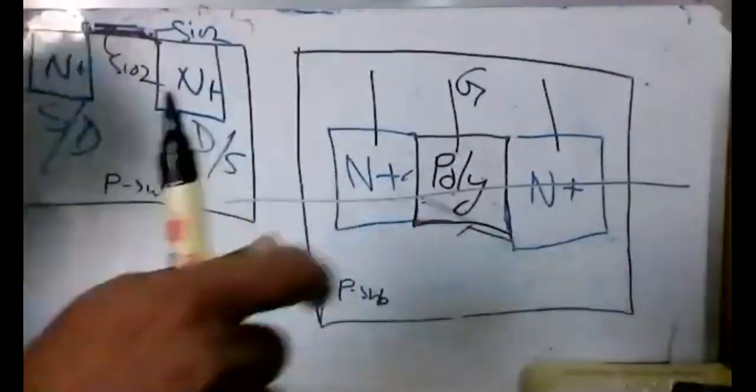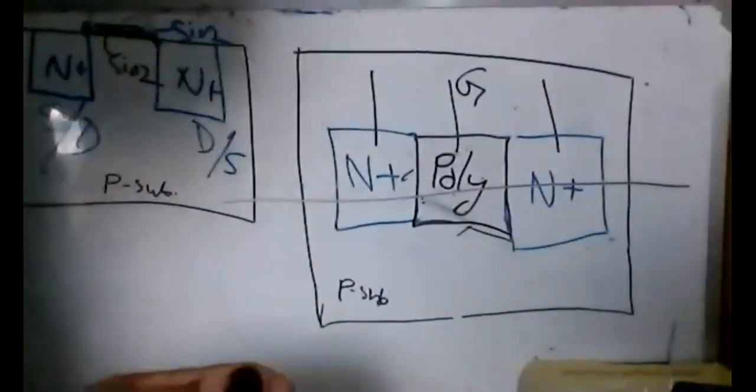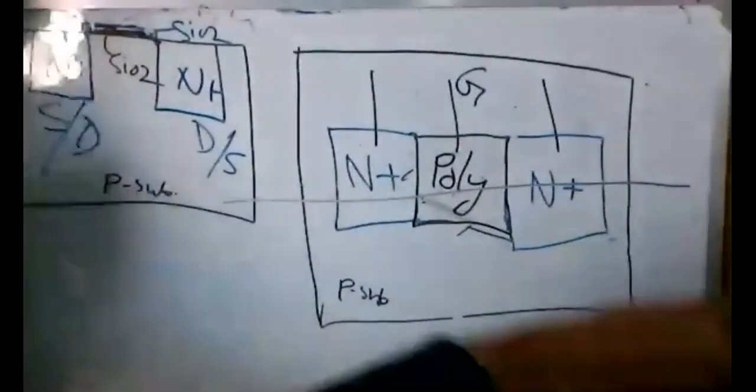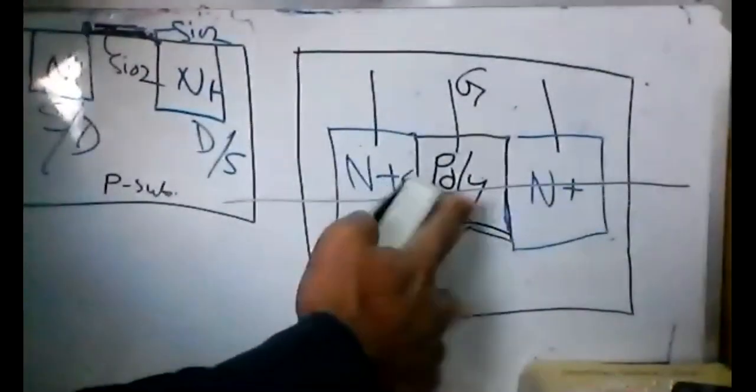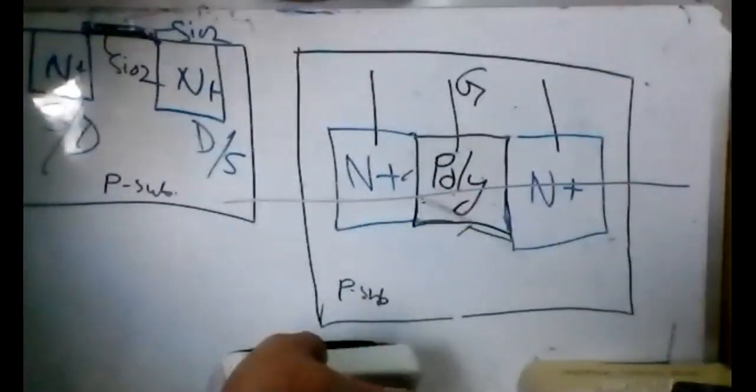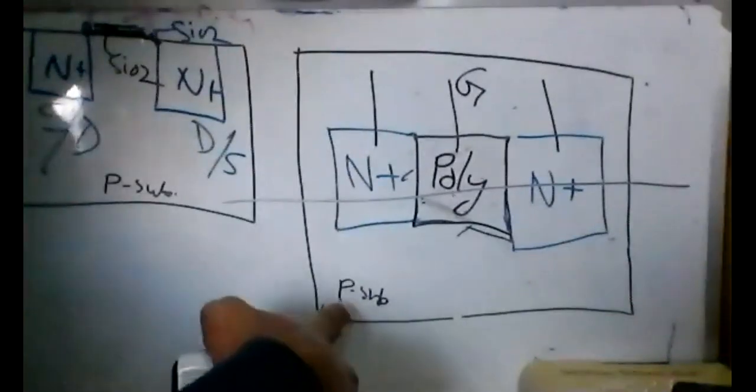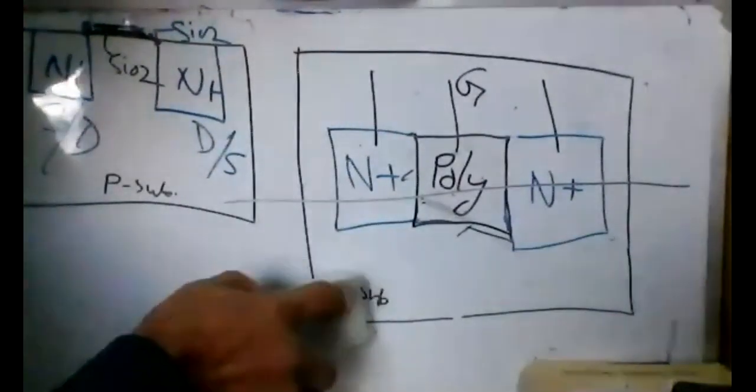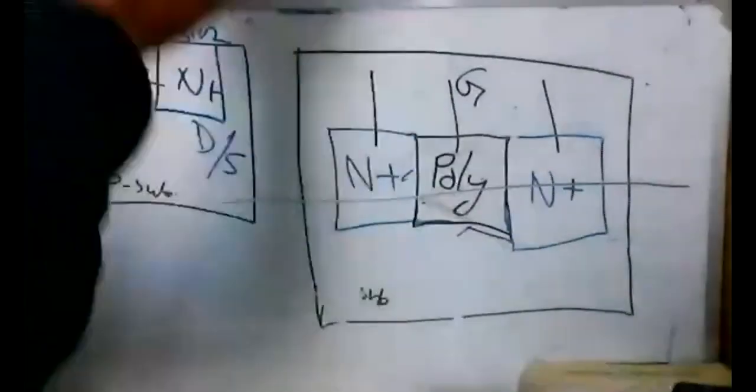And what happened to the p-type? Now you can do it by yourself. In case of p-type, just compare with this one. What do we need to do? For p-type, we need an n-type substrate, right? Just opposite.